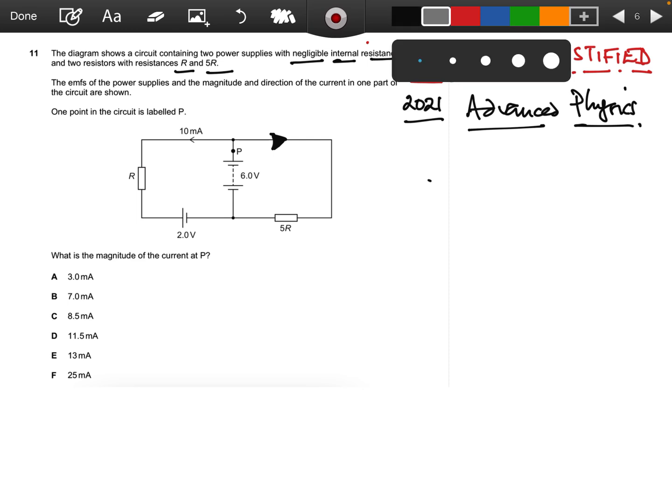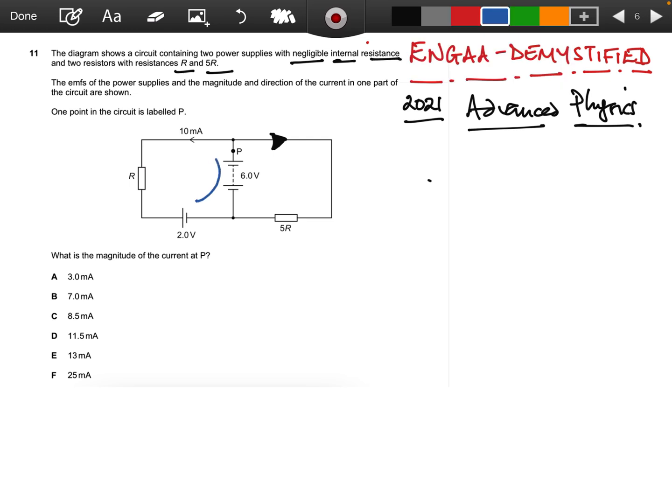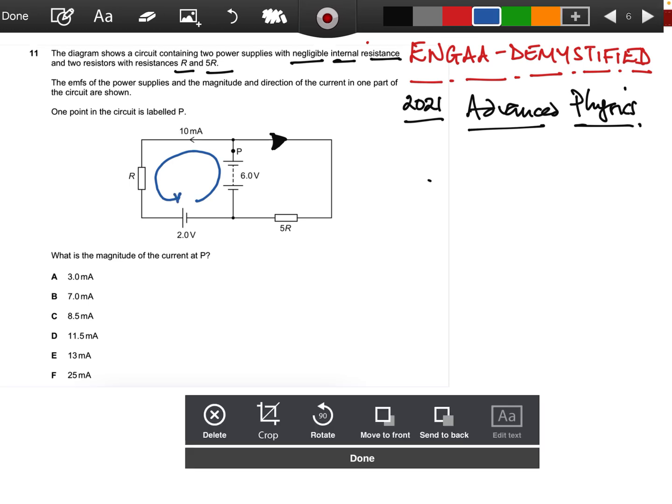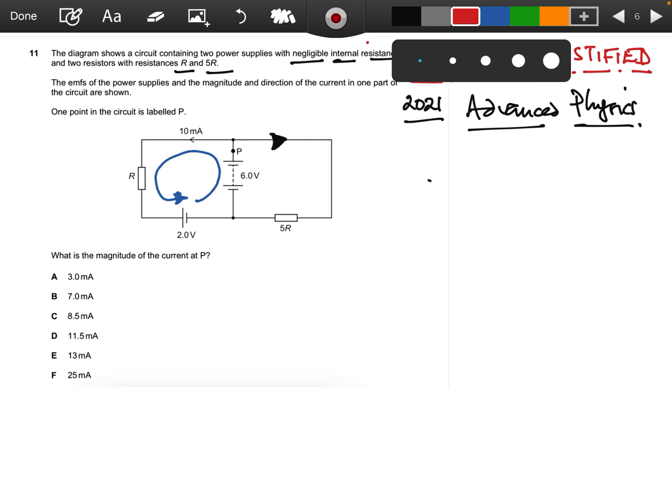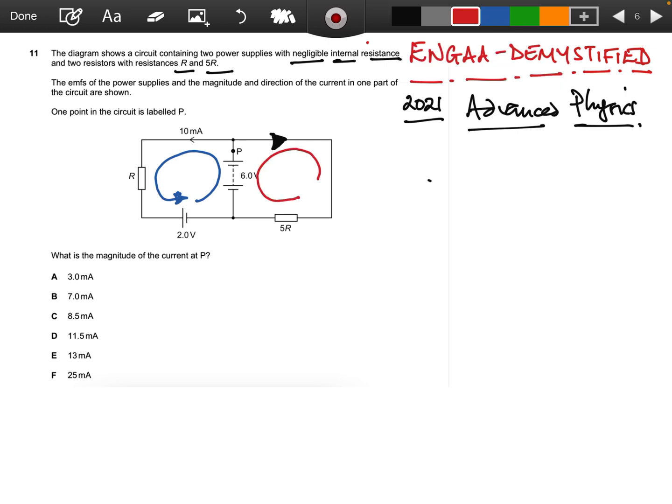Kirchhoff's laws, and firstly, conservation of energy. We're going to think of each loop here. Let's think about the loop in blue, and we shall also have another loop in red. So we've got two loops we're going to be concerning ourselves with.